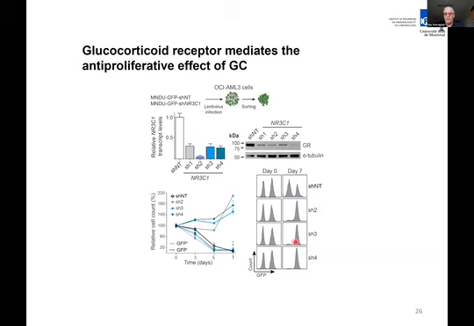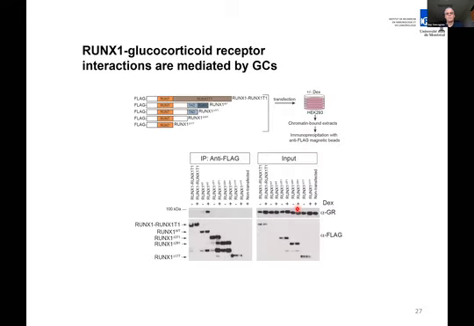And in fact, if you initiate the culture with a 50-50 mix of transduced and untransduced cells, and you grow them, after 7 days it's only the GFP positive transduced cells that have survived dexamethasone treatment. So we're really on target in this effect here on the glucocorticoid receptor.